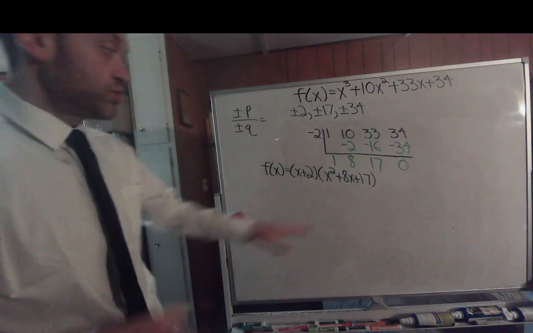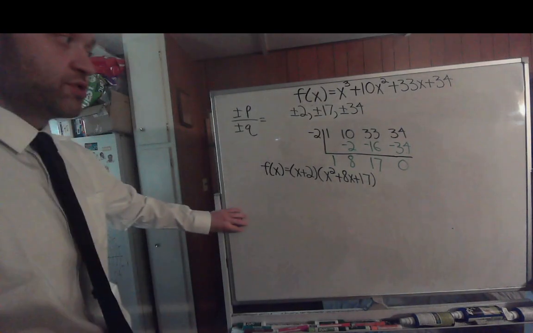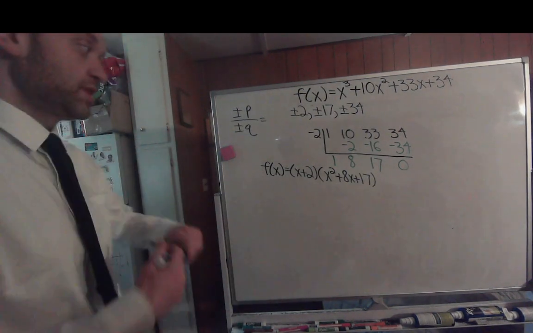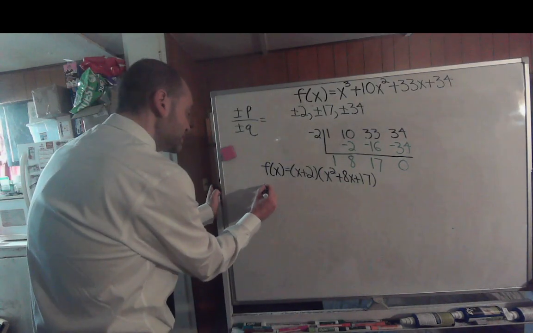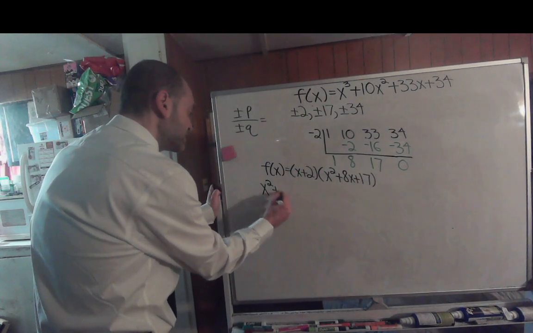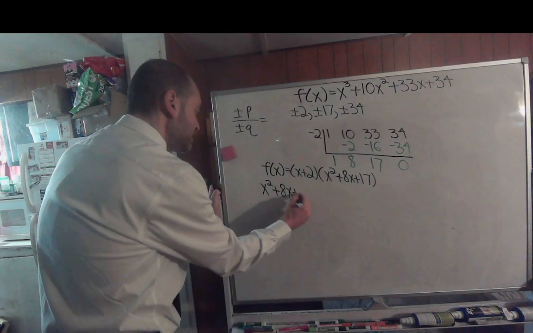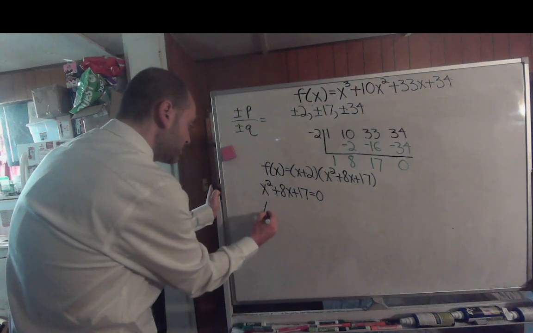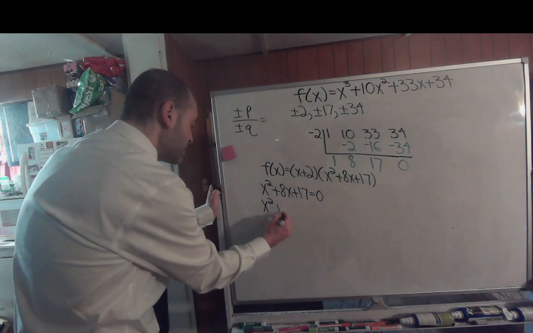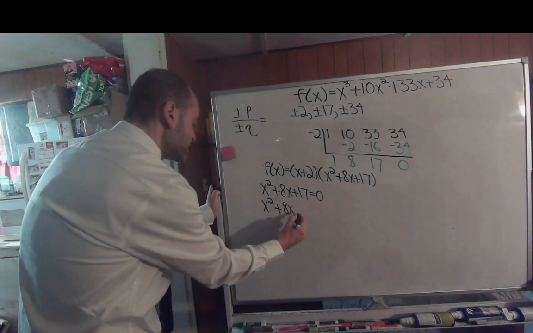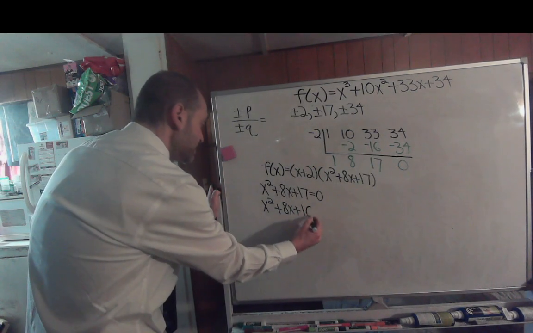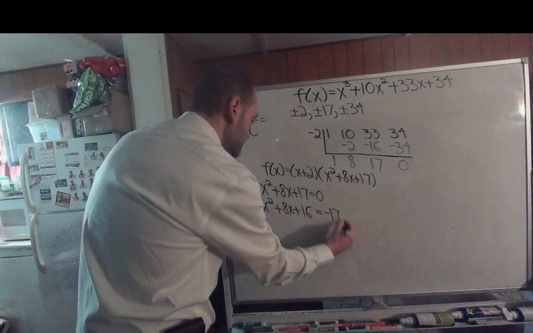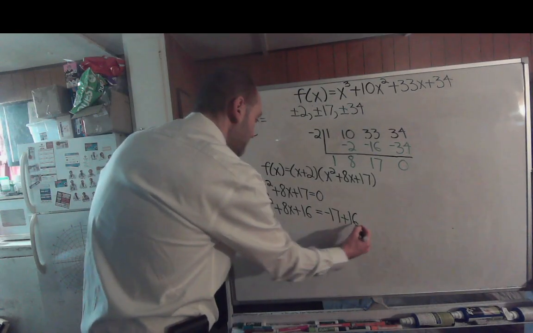Well, that quadratic factor definitely won't factor any further, will it? But we can definitely use completing the square to solve for this. So let's take that x squared plus 8x plus 17, set that equal to 0. Completing the square would end up giving us x squared plus 8x plus 16 is equal to -17 plus 16.